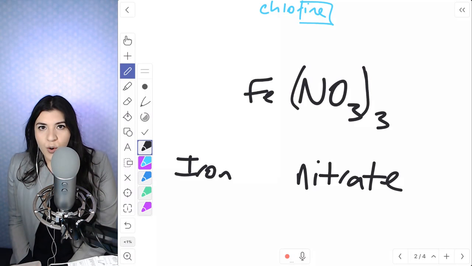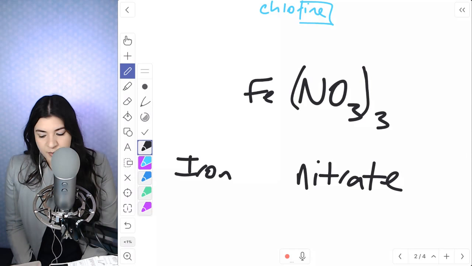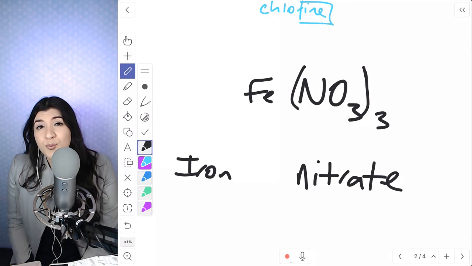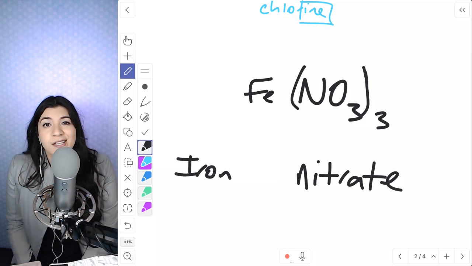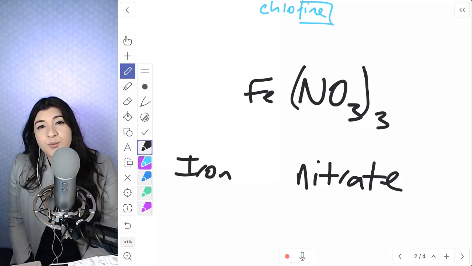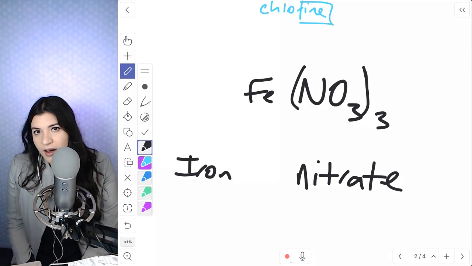So a lot of times, and I don't want to say for every single type of transition metal, but a lot of times for these metals that have multiple possibilities for charges, we have to place some sort of Roman numeral telling us what the charge was in that compound. So in this case, the charge of iron would be 3.